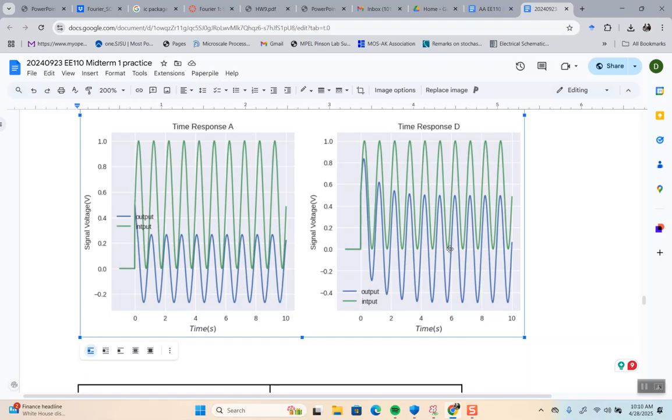Right. No. But notice the amplitude is bigger, right? So it's passing more of it. That means the cutoff frequency is lower. That means the time constant is smaller. No, the time constant is bigger.